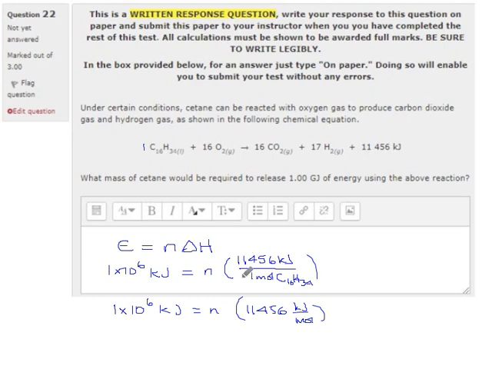For the numbers, I didn't need to do anything, but kJ over moles is still there. And now, if we want to solve this for N, we divide both sides by 11,456. I put in a million instead of 1 times 10 to the 6 because I avoid scientific notation when I can.